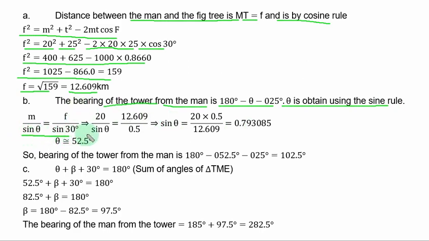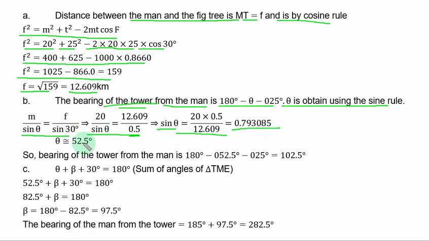You replace what the other three sides stand for. If you make sine theta the subject first, you have to cross multiply and divide by this coefficient. You have sine theta equal to this. Sine 30 is 0.5. That is the value you have here. So after division, you have this result. To get theta, you take the inverse of sine of both sides.